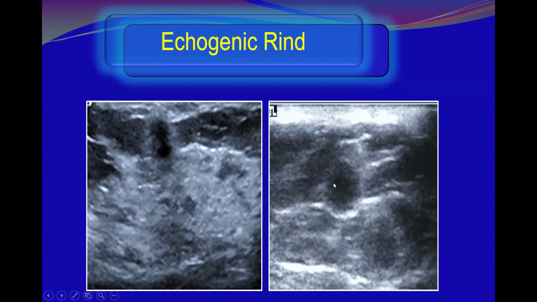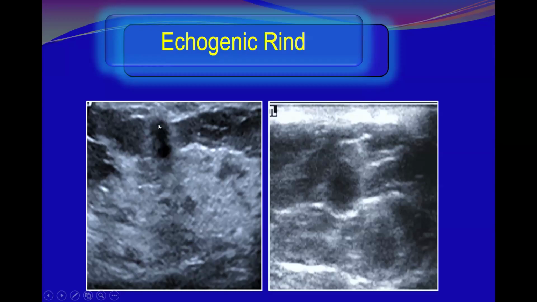We can compare the previous case, my case, to this one. This also was a challenging case. It appeared on mammogram. This lady was 28 years old. I will show you the whole case, mammography and ultrasound, in the coming lectures, okay?